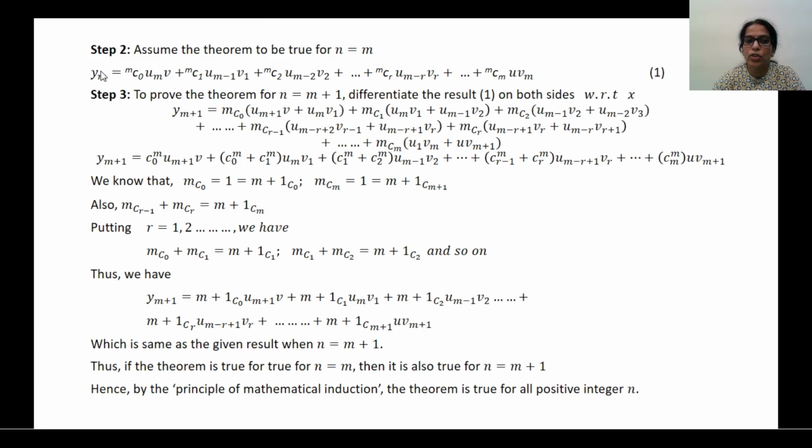The differentiation of ym with respect to x is y(m+1), which is equal to mC0, a constant, times the derivative of um v by the product rule, that is u(m+1) into v plus um into the differentiation of v, which is v1.